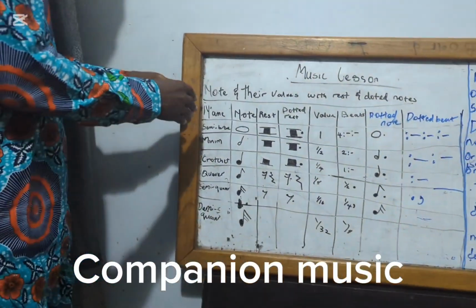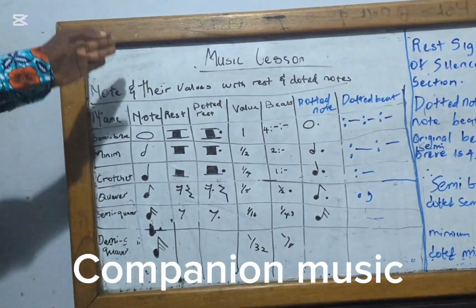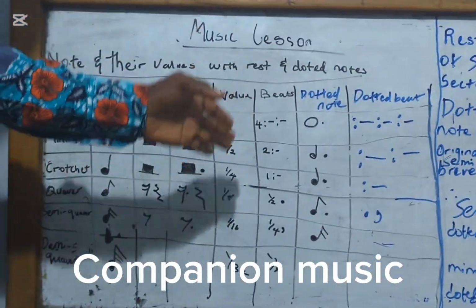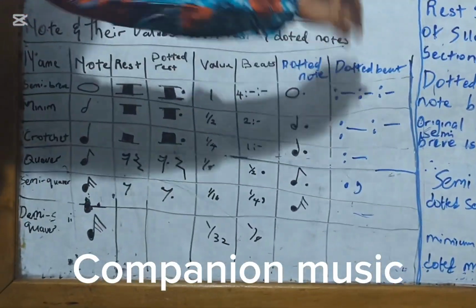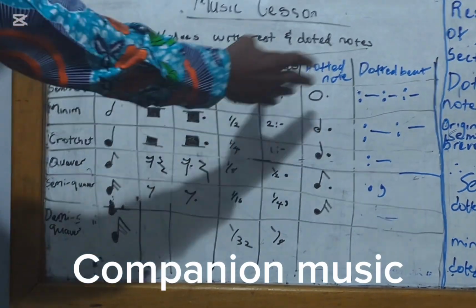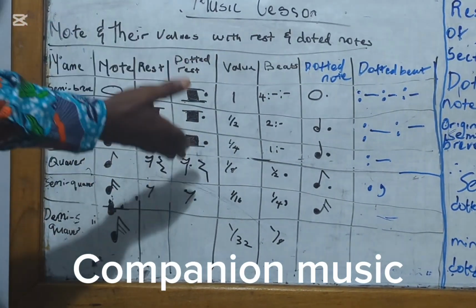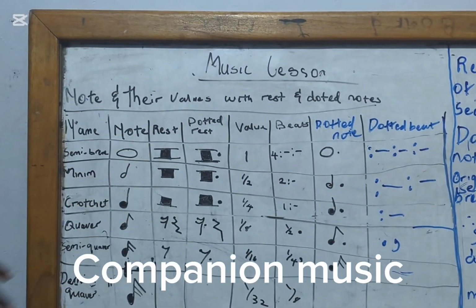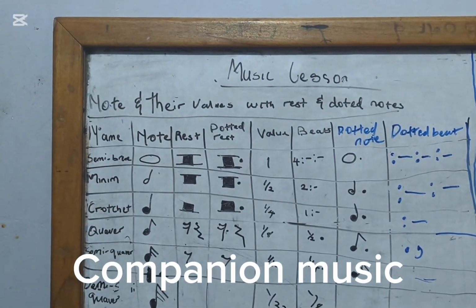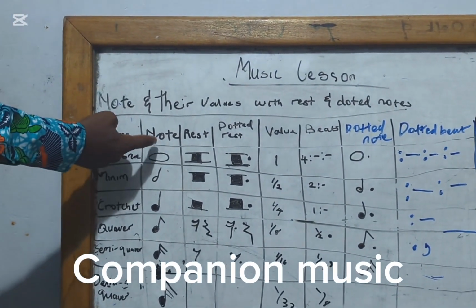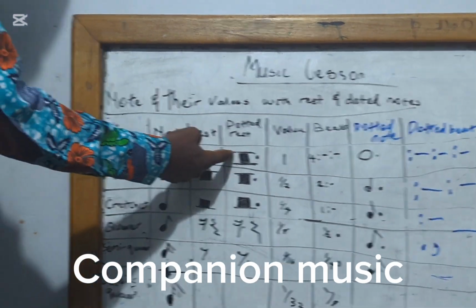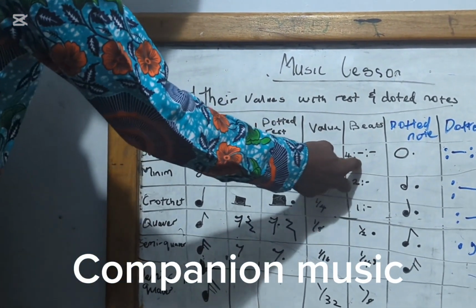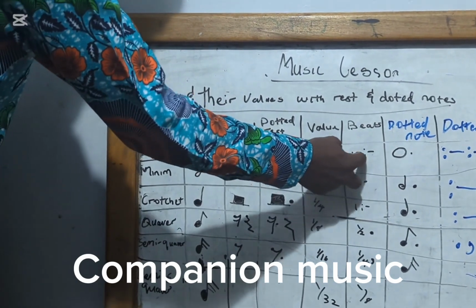So come to this place now. We have the name, note, rest, dotted rest, value, beat, dotted note, and dotted beat. We place both the signs, the value, and the beat together, as you can see. So this is the semibreve. This is the note. This is the rest. This is the dotted rest. This is the value. This is the beat.